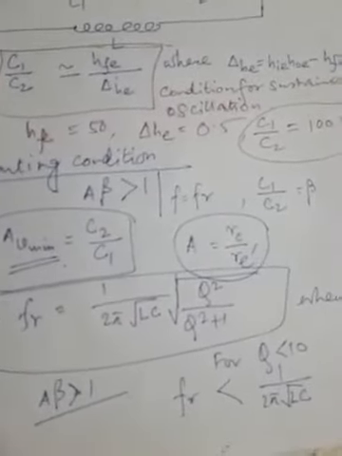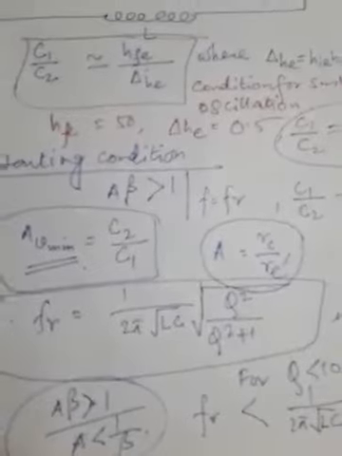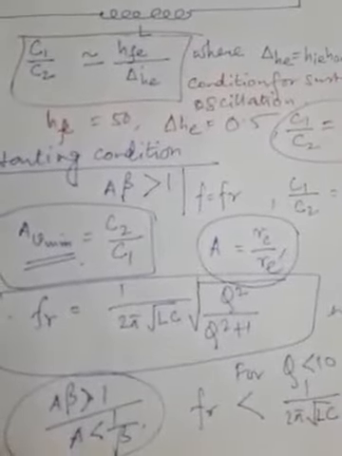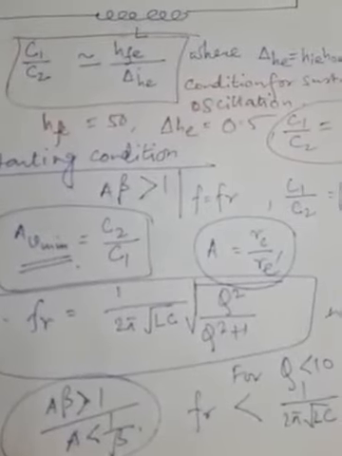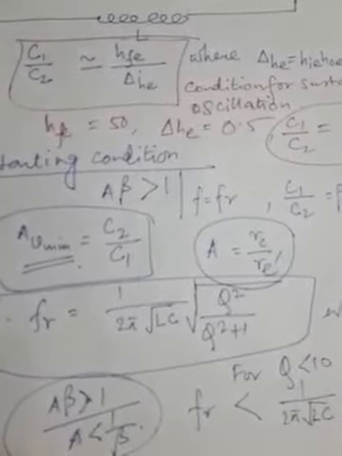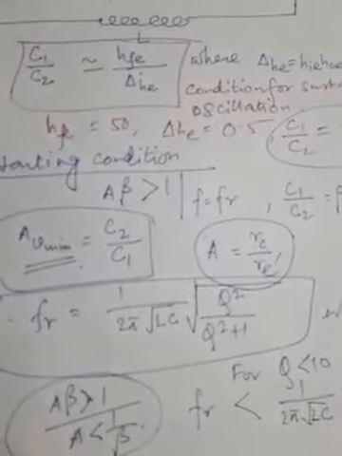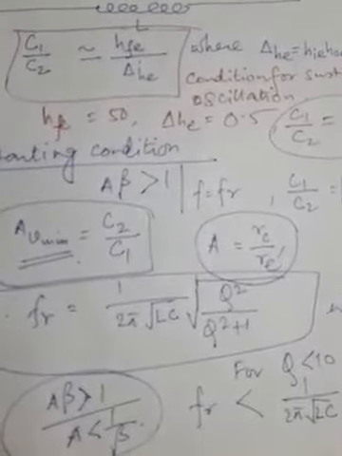If A is less than 1 by beta, there will be chances of non-operation of the oscillator, or the starting will be affected because of reduction of the voltage gain A at high frequency, because of Q having a value less than 10.